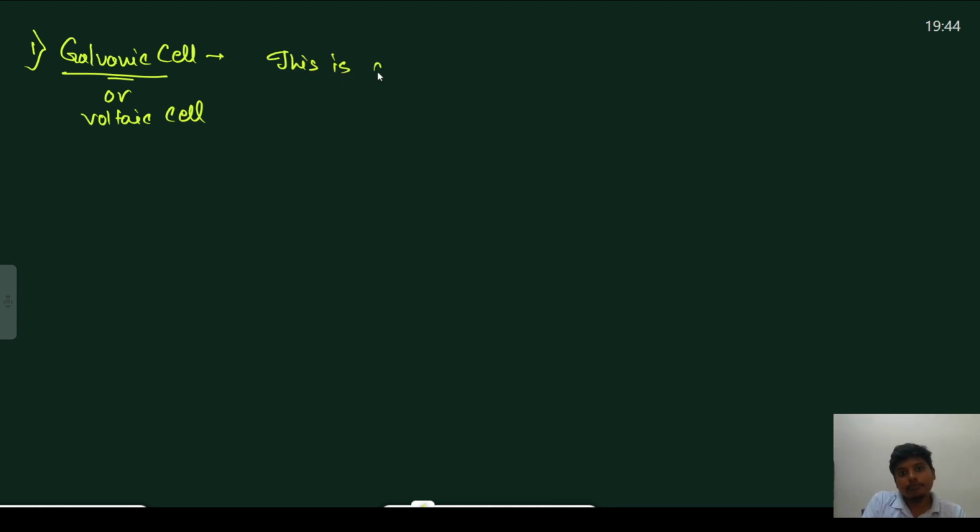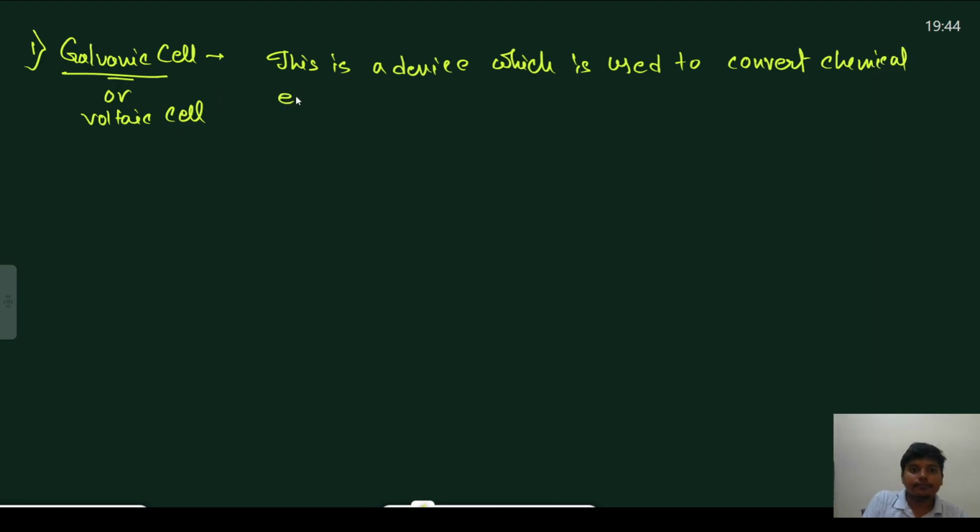So first, what is a galvanic cell? A galvanic cell, or voltaic cell, is a device which is used to convert chemical energy to electrical energy.